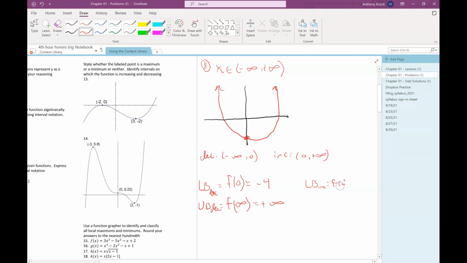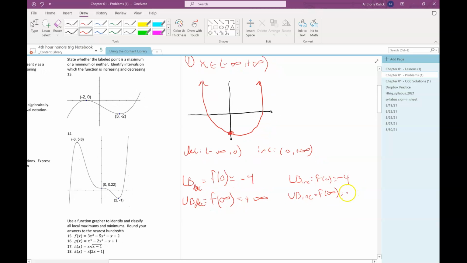So increasing is going to be f of 0, which we just saw was -4. And the lower bound for the increasing is going to be f of infinity, which again is positive infinity.